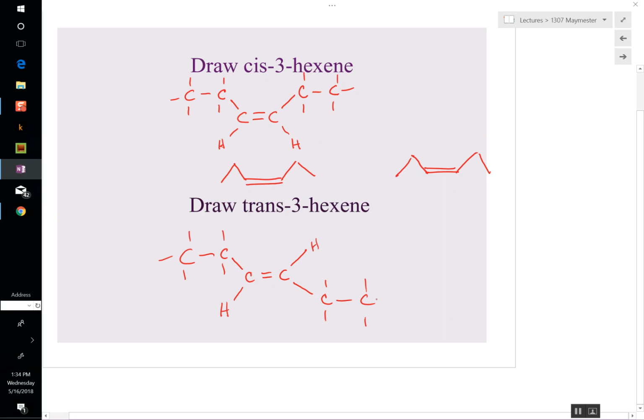So that would be your trans 3-hexene. So now the line formula. Double bond. If I have a trans, I want to see that around the double bond in the line formula. It comes in one side of the double bond and goes out the opposite side. So trans should look trans. Cis should look cis.